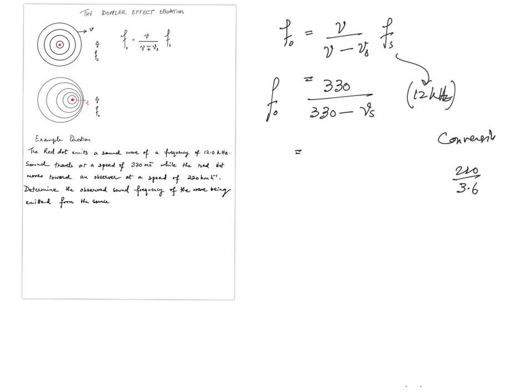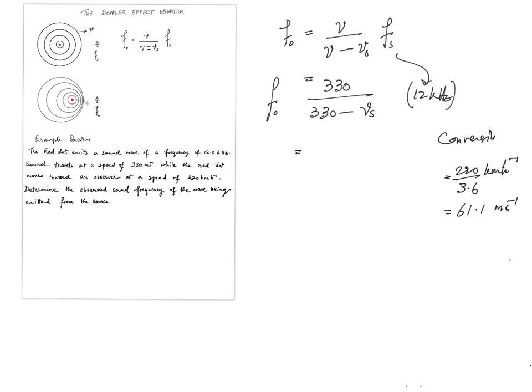I'll say 220 kilometers an hour is equal to 220 upon 3.6 meters per second. That's how we convert, which is equal to, if I use my calculator, I get 61.1 meters per second.